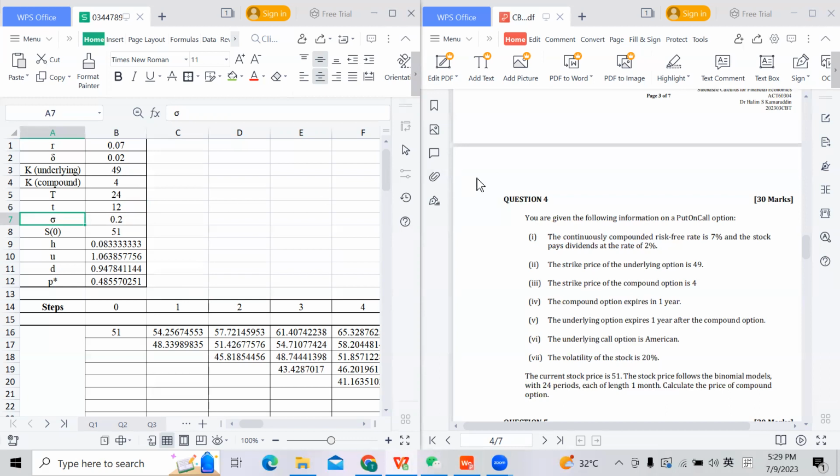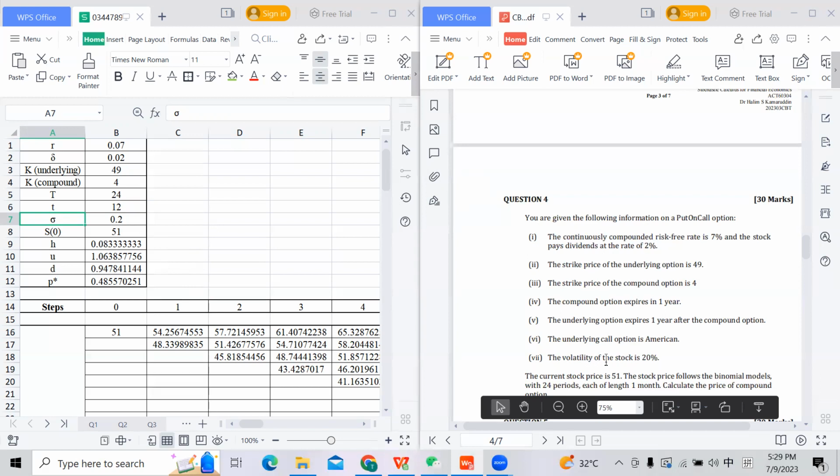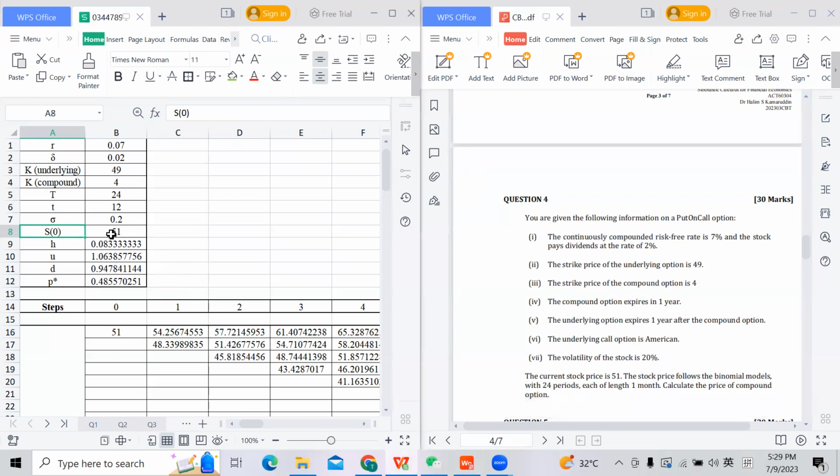Sigma is 0.2, which is the volatility of the stock, and the current stock price is 51.